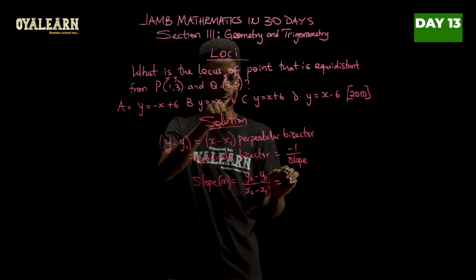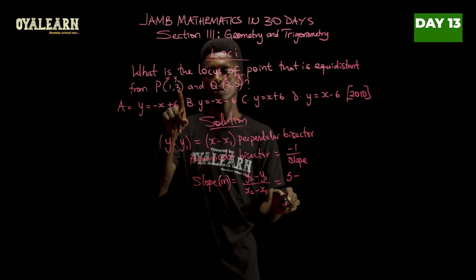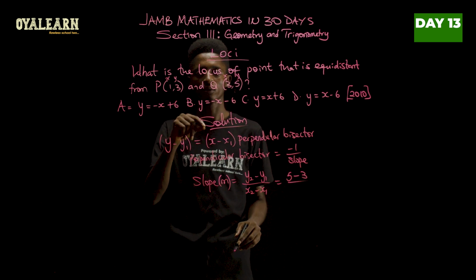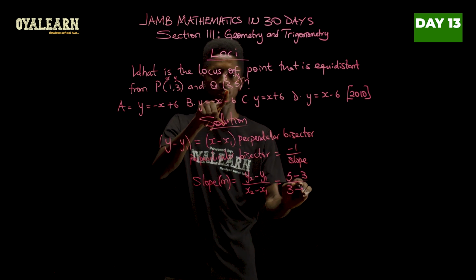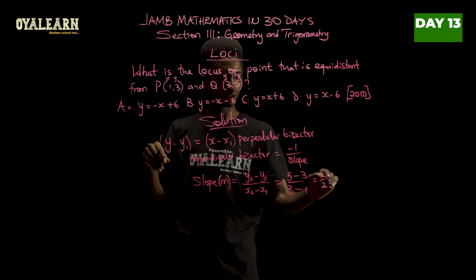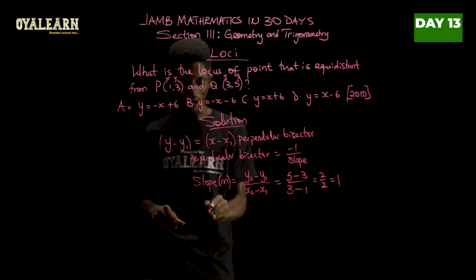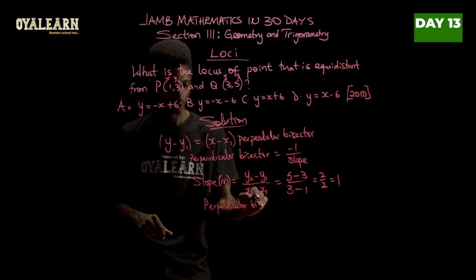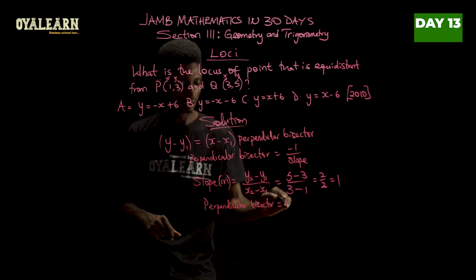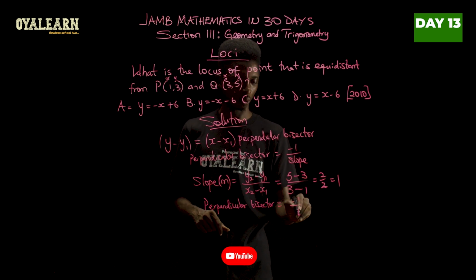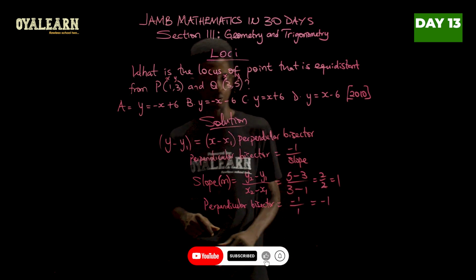So y2 is 5 minus 3 over 3 minus 1, which gives us 2 over 2, which is 1. So our perpendicular bisector slope is therefore -1 over 1. So what we have here is -1.